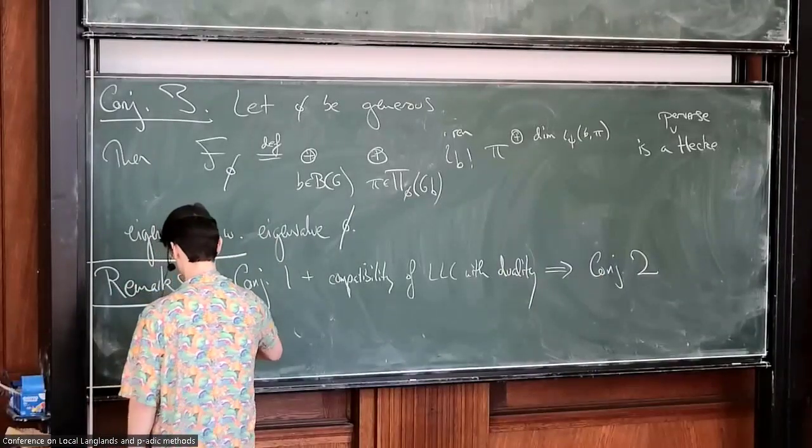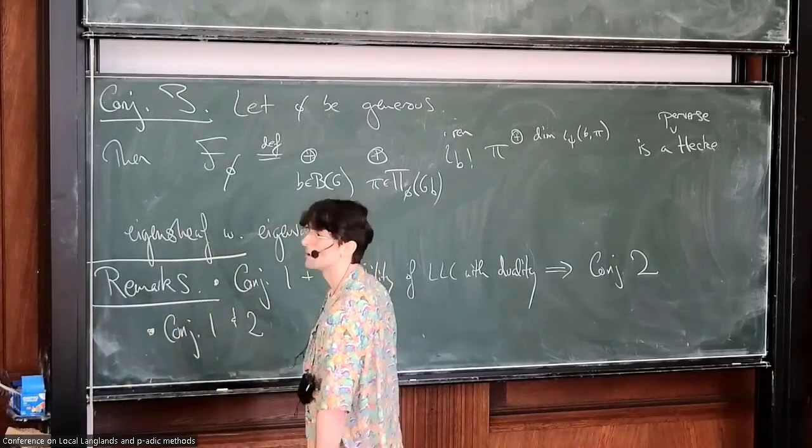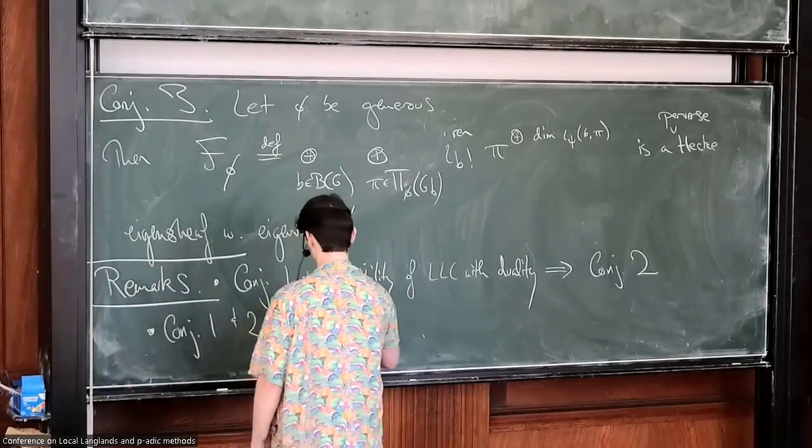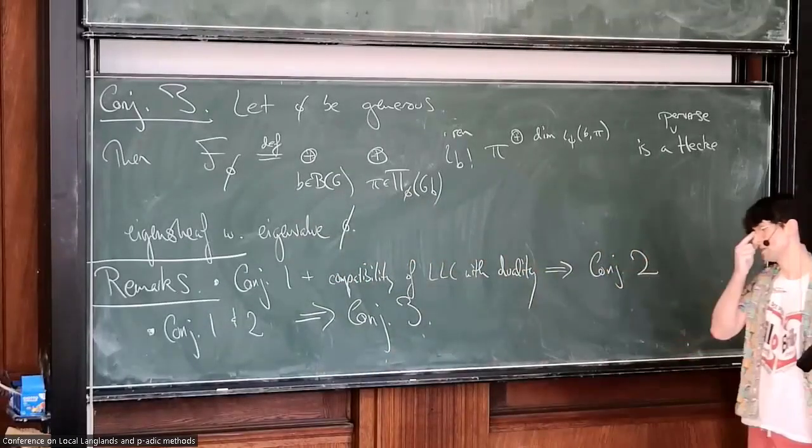And in turn, conjecture 1 together with conjecture 2 implies conjecture 3, more or less formally.